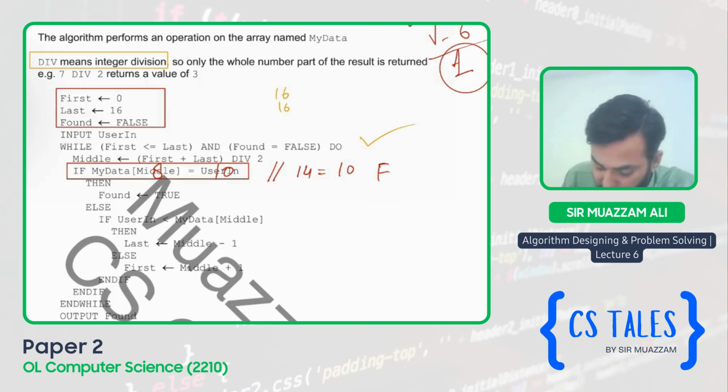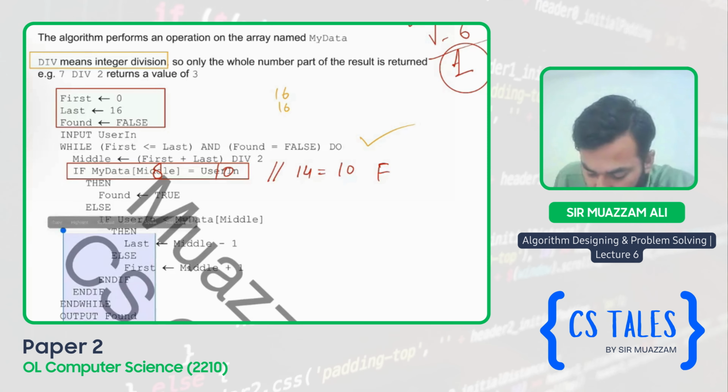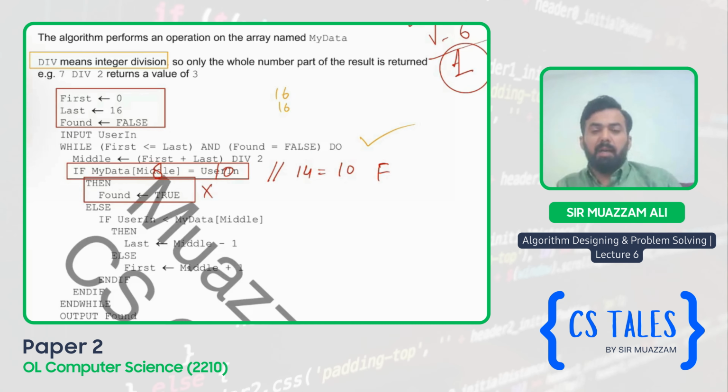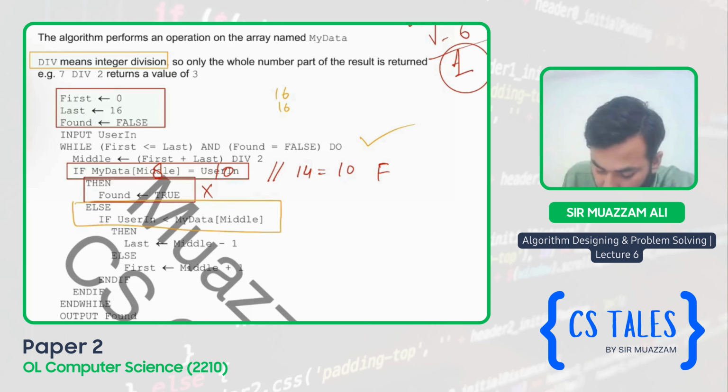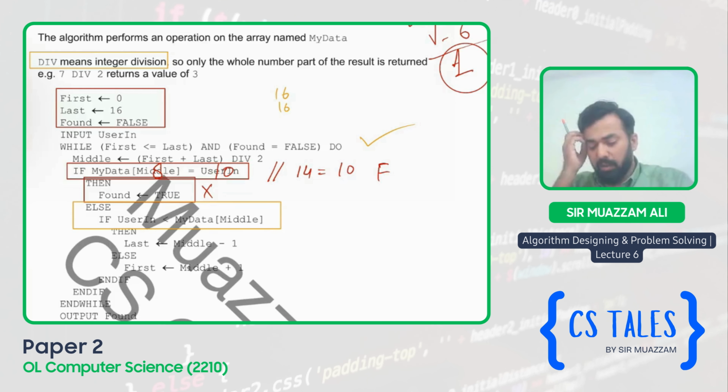Okay, so it means you will not follow found is equal to true. You will not follow this instruction. You will follow the else. What is else? You will check the user in.